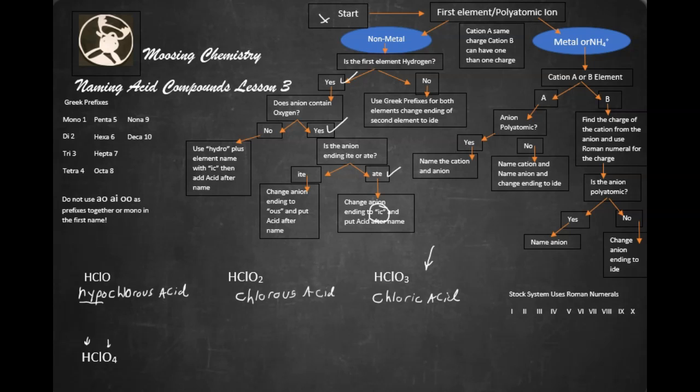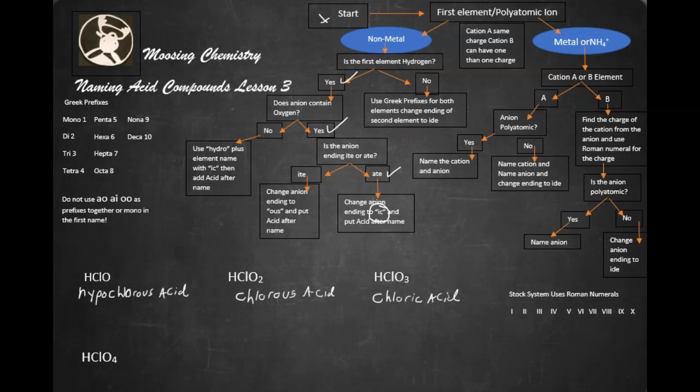So we must have another prefix to help us with that. So there must be something else out there, and there is. If you have 4 oxygens, see that right there? You're going to use the term per, P-E-R.